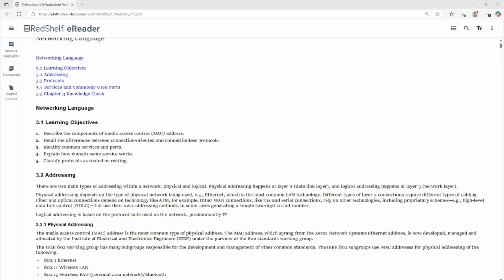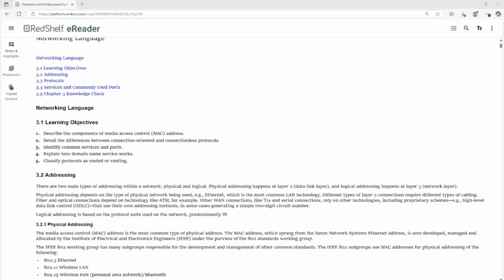Our focus for physical addressing is the Media Access Control address, MAC address. Physical address refers to a memory location identified in the form of a binary number, or a Media Access Control address.